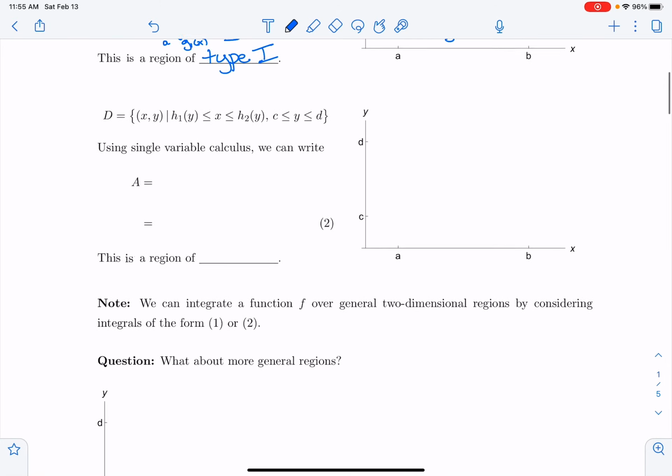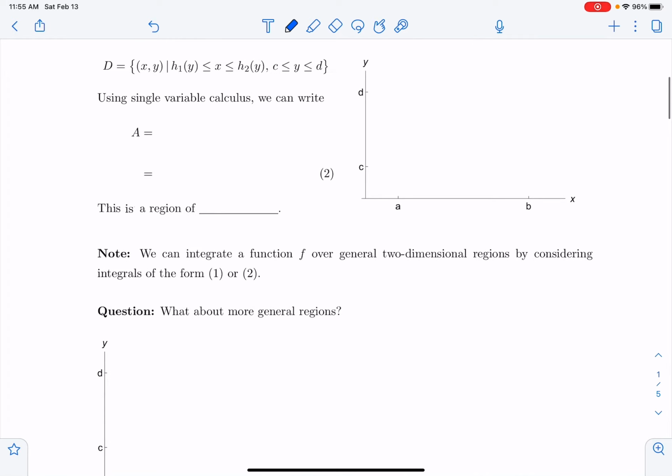Now, let's look at a region where x is between two functions, h1 of y and h2 of y, and then y is between c and d. So here I'm going to draw one function. Let's call that function h1 of y. Another function I'm going to call h2 of y.